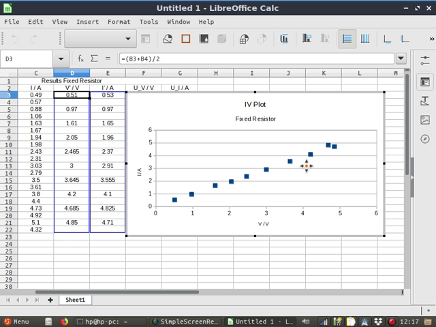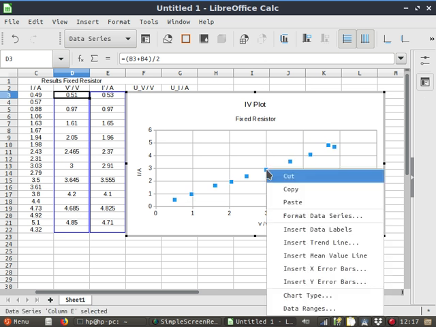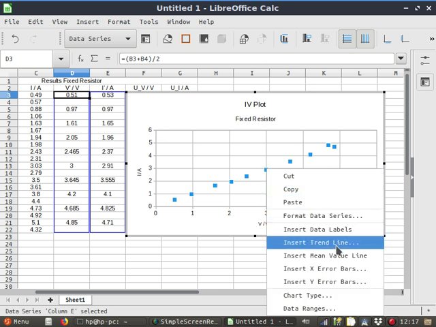Now my graph is not right. There's something missing. I don't have the vertical lines. So let me see, I need to click this button. And also something else is missing. I need to draw a straight line. So if I click these, I can pick insert trend line.